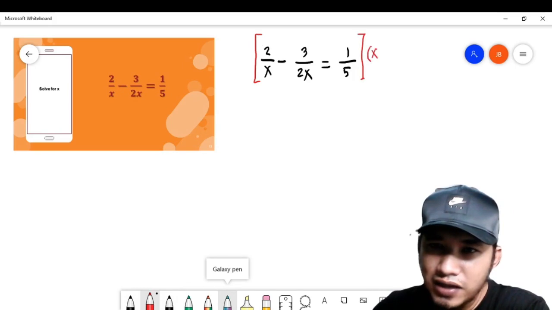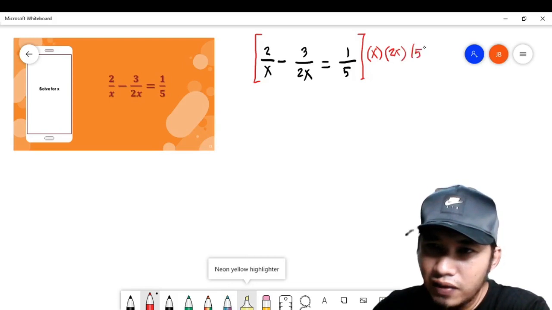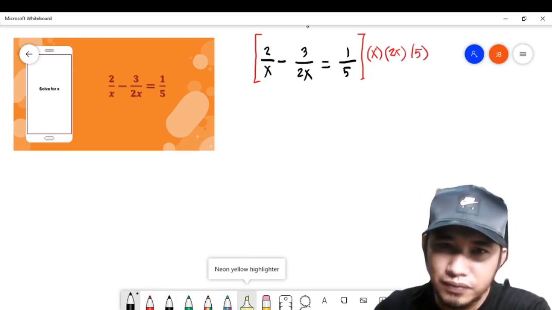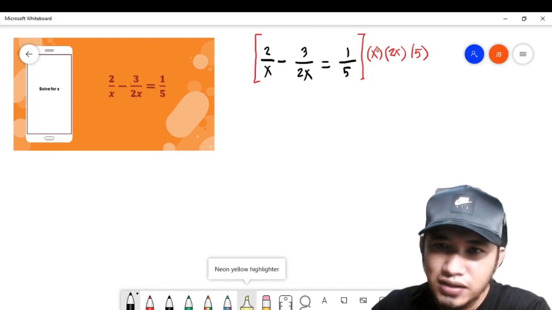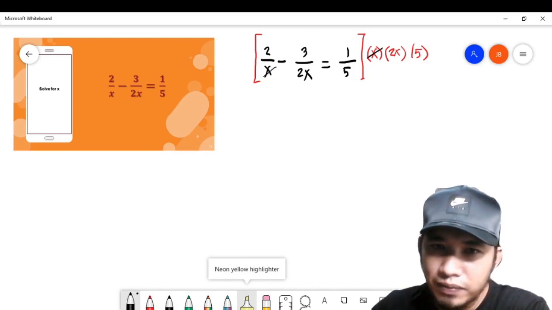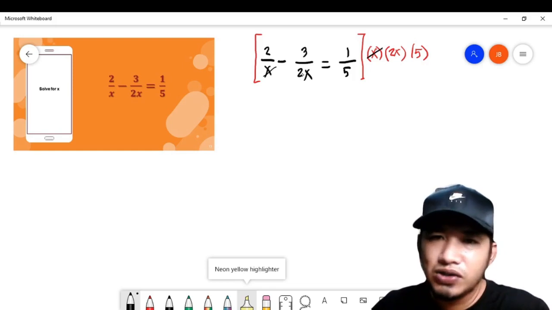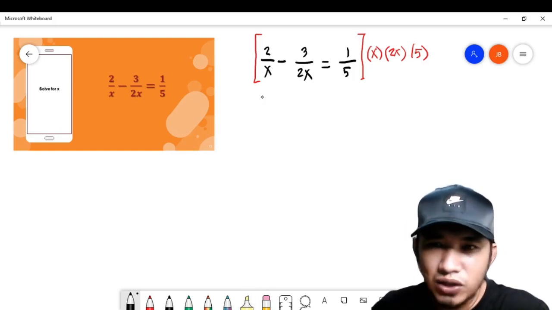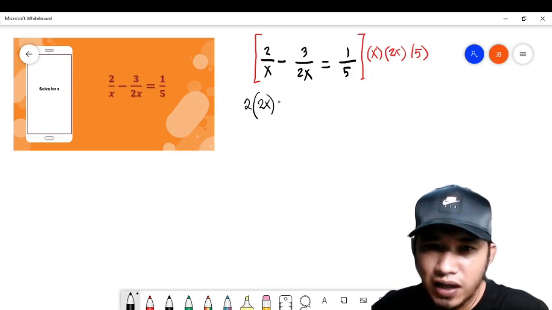That is the LCD. Lahat po ng ating denominator, that is x, 2x, and 5. Ayan. So, x, cancel natin. Okay. So, ang naiwan ay 2x and 5. That is, i-multiply natin sa 2. Okay. So, 2 multiplied to 2x and multiplied to 5 minus this copy 3.